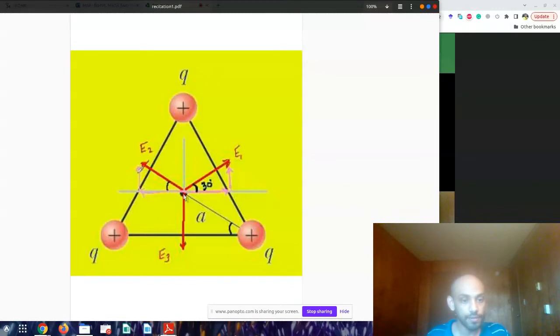The electric field due to a point charge, if you look at the field lines, radiates out in a spherically symmetric fashion. That is, from a point charge you have field lines going radially outwards. If you take the point charge at the topmost vertex of this equilateral triangle, the electric field due to that would point from that charge to the center.